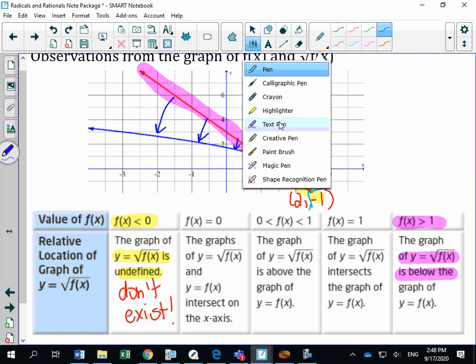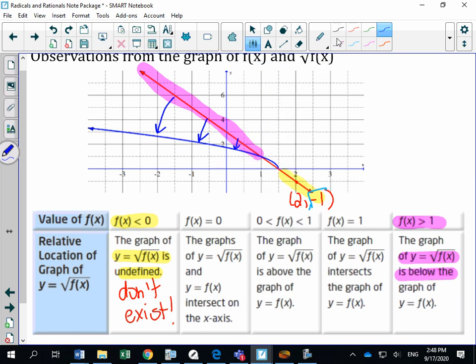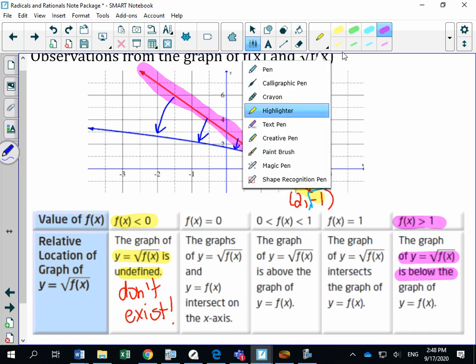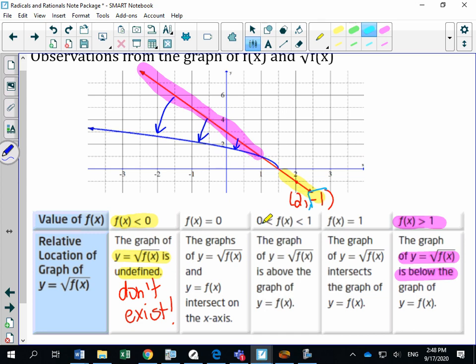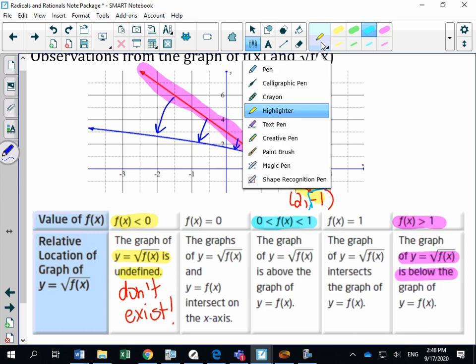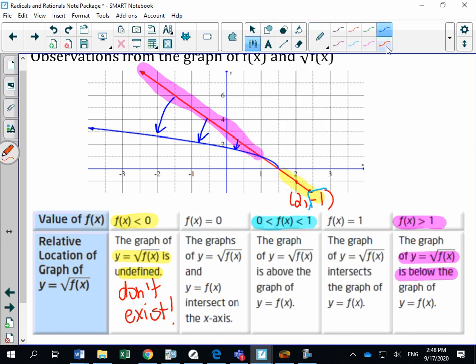Then the last piece to highlight that I want to discuss is going to be in between 1 and 0. So in between those two invariant points. So that's an invariant point and that's an invariant point. And what happens there is that our radical graph is going to be that little curve above, right?